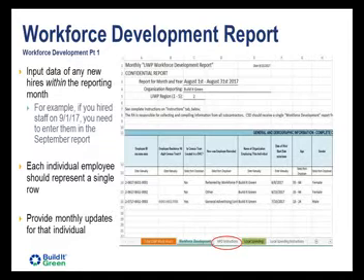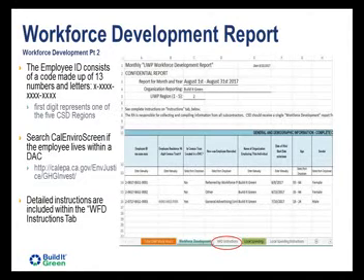And then each individual employee should represent a single row, and you'll need to provide monthly updates on that individual in this blue section here if there are any updates. Okay.